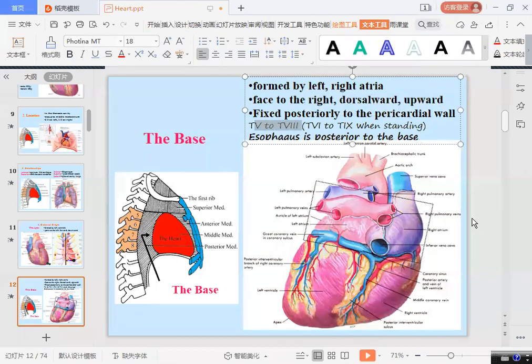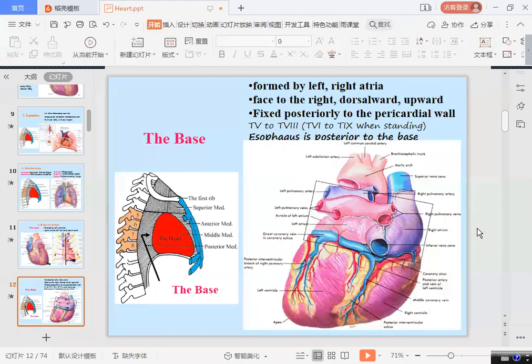This is the location, T5 to T8 vertebra. And what is posterior to this base? Posterior to this base there is the esophagus. So the esophagus crosses posterior to the base.